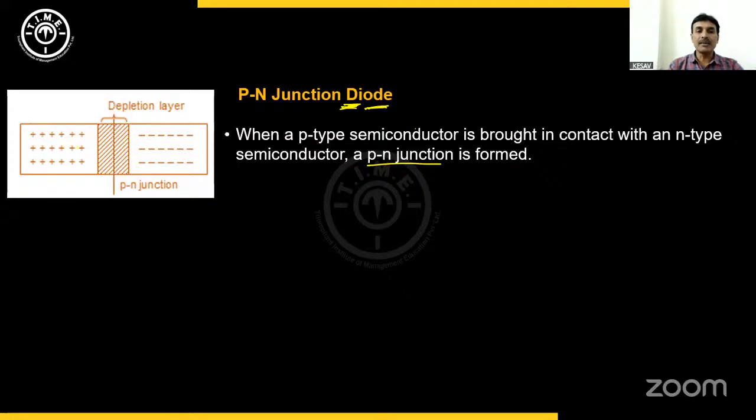When P-type material and N-type material are joined together, near the junction, positive charges on the P side and negative charges on the N side will recombine, and they form a certain region, the shaded region, which has no mobile charges.